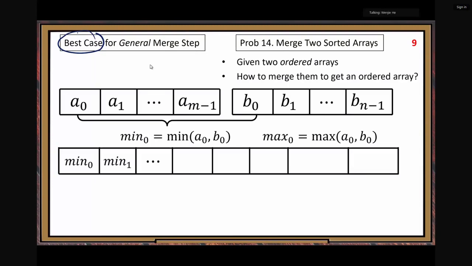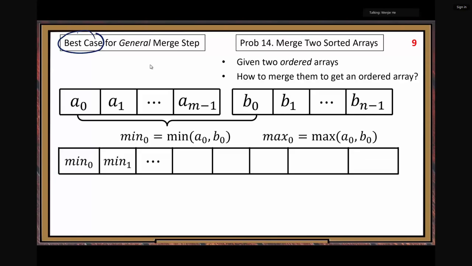Now think about how we can get the best case. Under what special situation do we do the minimum number of comparisons? That's the best case. For what kind of data? We use the same idea, but our data has a special property.